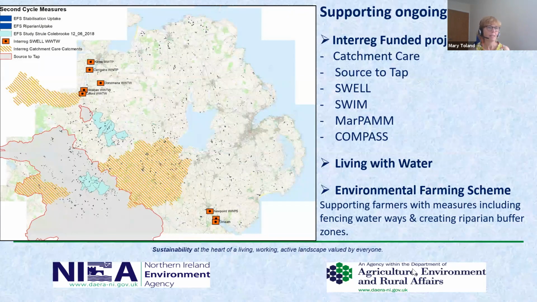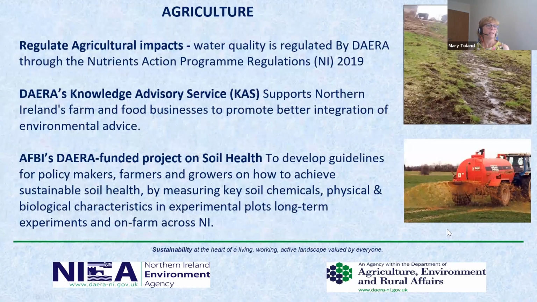So riparian buffer zones. As Silke was saying earlier, agriculture is a big part of Northern Ireland and a big part of the source of the nutrients. We regulate these using the Nutrient Action Programme and working alongside the Knowledge Advisory Service.